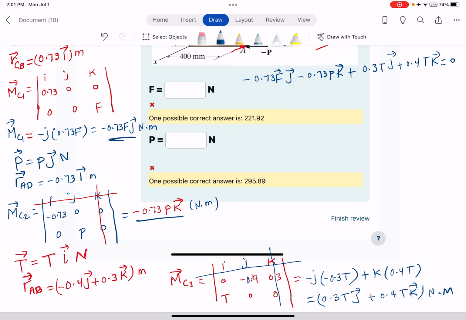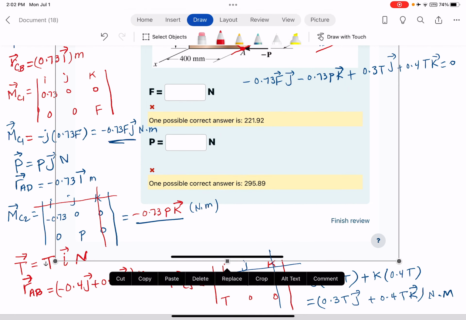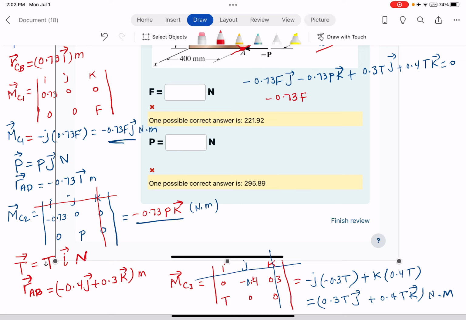Now we have to add the j's together, so minus 0.73 F, this is magnitude, minus 0.73 F plus 0.3T is equal to 0.